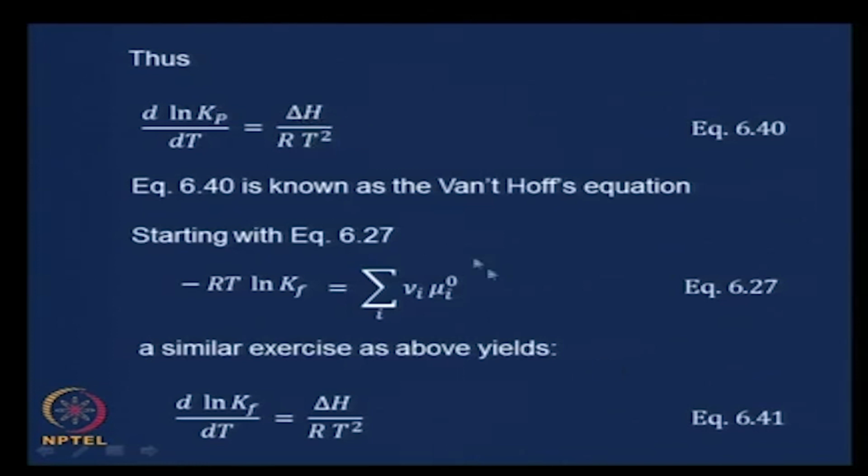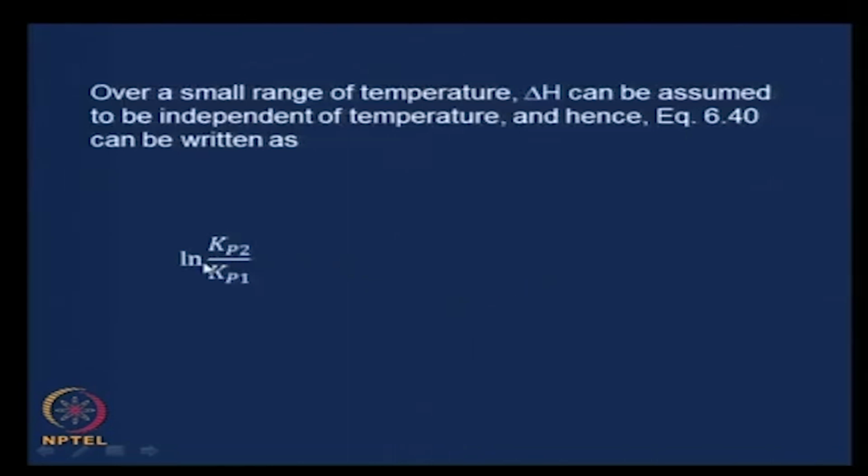This is T to the power minus 2, and therefore it becomes minus T to the power minus 1 on integration, and so you get ln of Kp2 by Kp1 equals delta H by R times 1 by T1 minus 1 by T2. The negative sign comes about because of the negative that arises as a result of the integration.